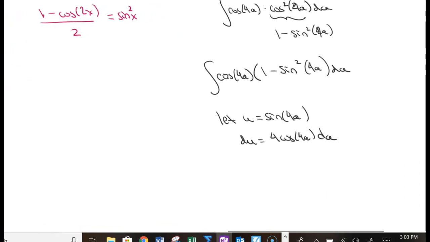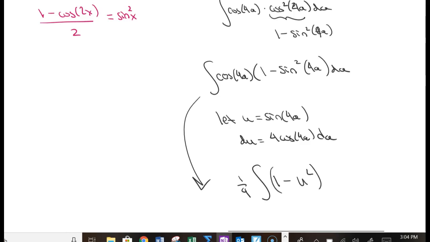Then we substitute back in, and we get 1/4 the indefinite integral of 1 minus u squared du. And then you continue from here.